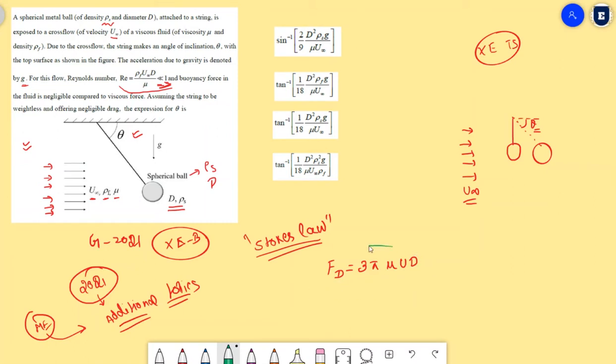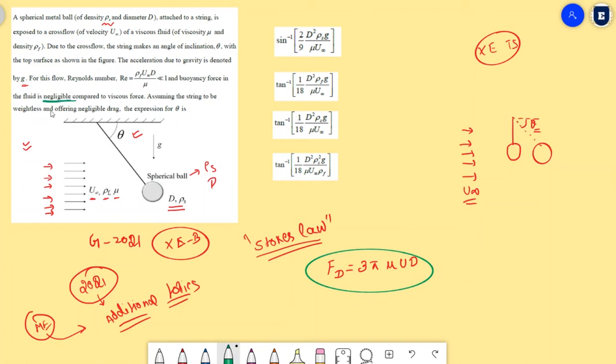This particular theorem can be applied only if the Reynolds number is very less. We cannot use this theorem for all cases. Now they specifically mentioned that the buoyancy force in the fluid is negligible.